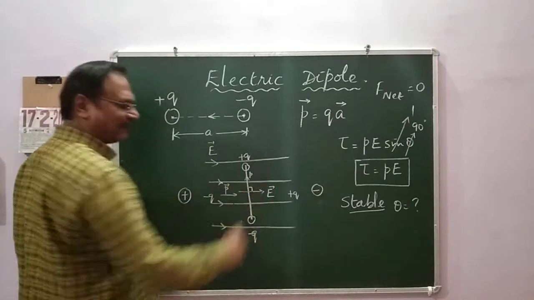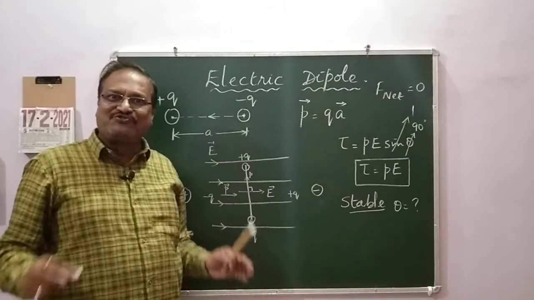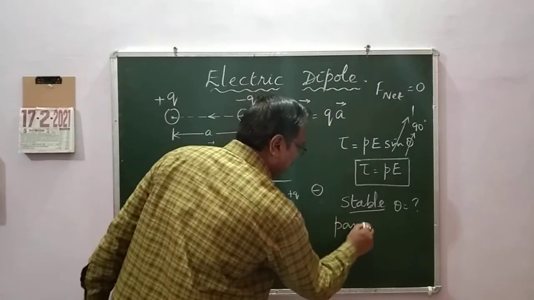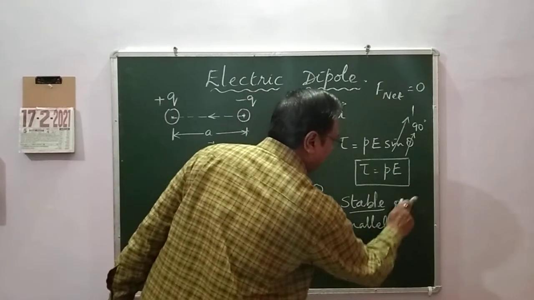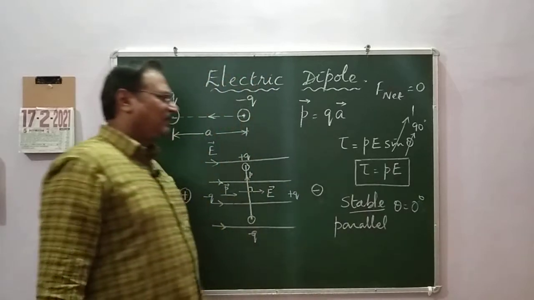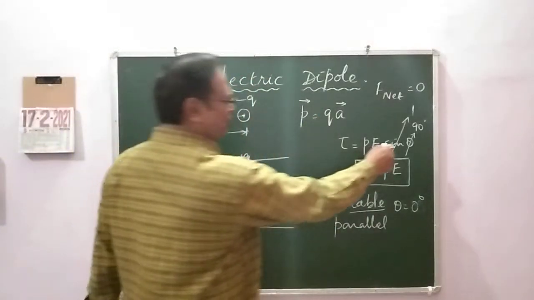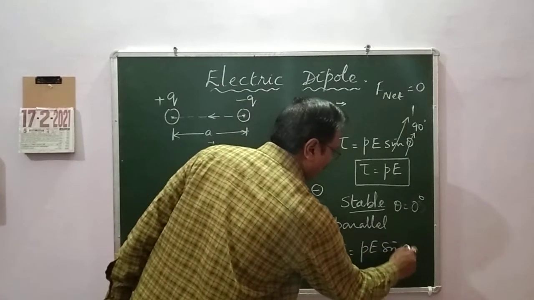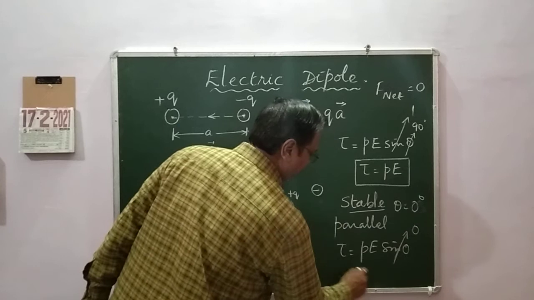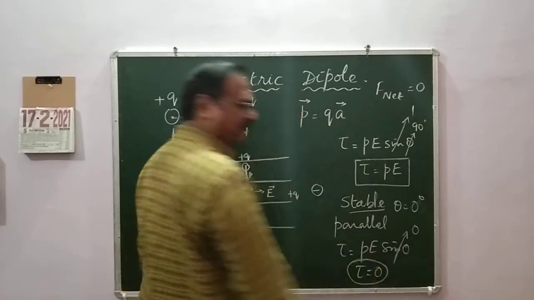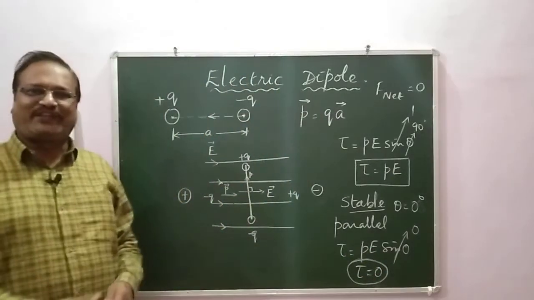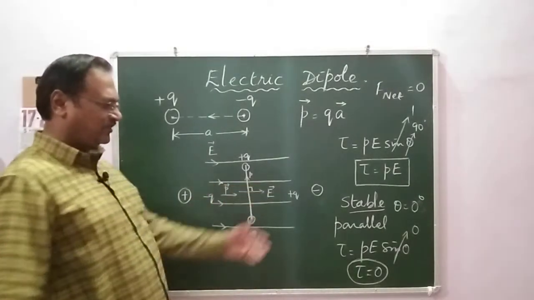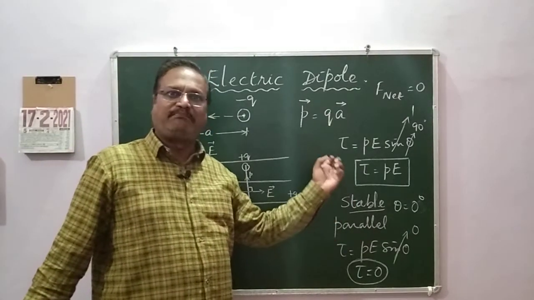They both subtend an angle of 0 degrees. They are parallel to each other, or theta is equal to 0 degrees. Tau is equal to PE sin 0. What is sin 0? Again 0. That means the torque experienced will be 0. When the torque experienced is 0, the body will be at rest and it will experience stable equilibrium.